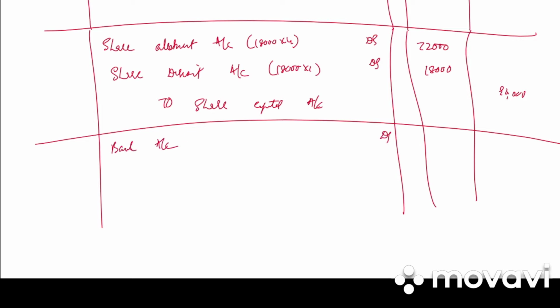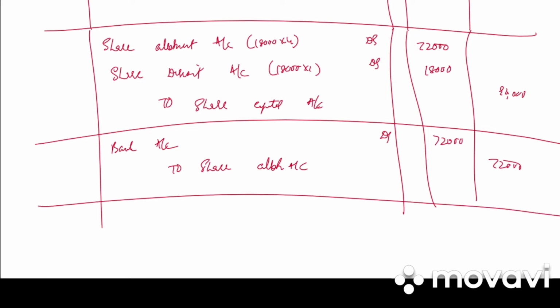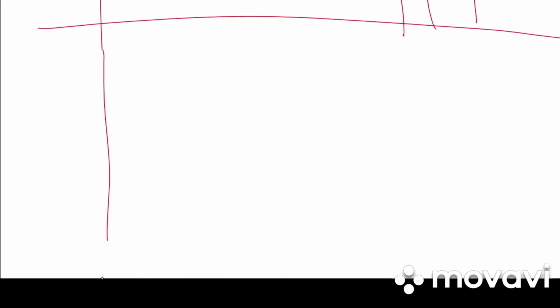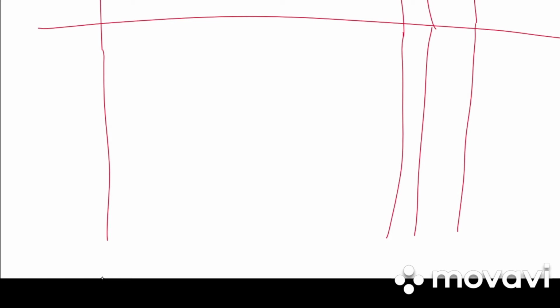Next we have bank account debited to share allotment account. 72,000 debit, 72,000 credit. Allotment money received. Next we have the first and final call. So share first and final call account debited to share capital account.